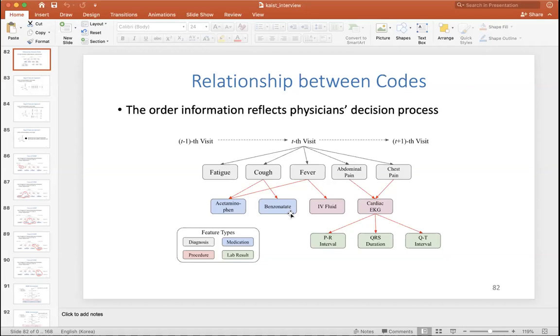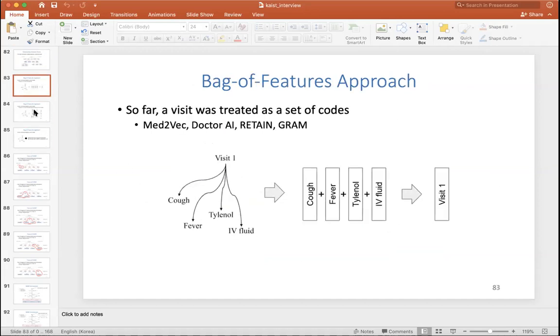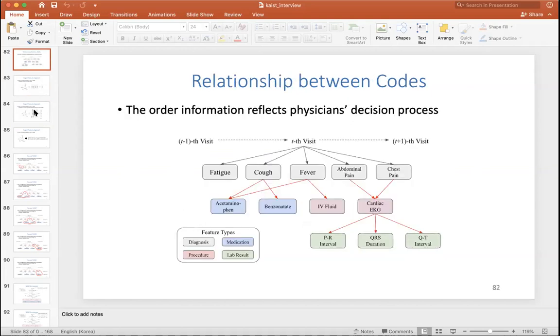By explicitly explaining that this kind of relationship exists, compared to just adding everything up and giving it to the model, you are regularizing the model's hypothesis space.